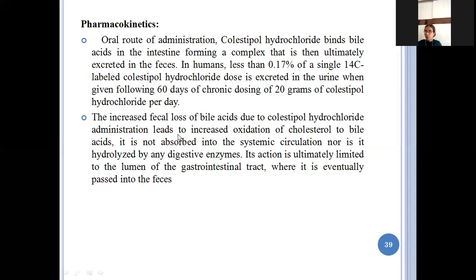Colestipol hydrochloride administration leads to increased oxidation of cholesterol to bile acid. So it is not absorbed in the systemic circulation, nor is it hydrolyzed by the digestive enzymes. Its action is ultimately limited to the lumen of the gastrointestinal tract, and it is eventually passed into the feces.